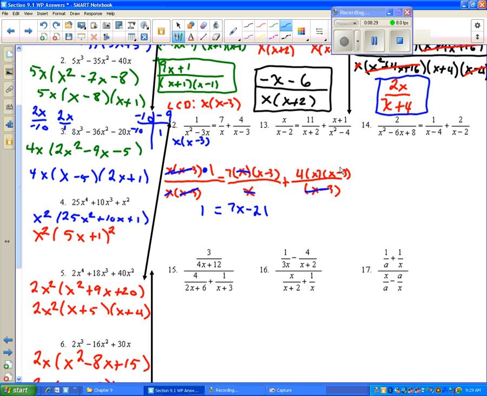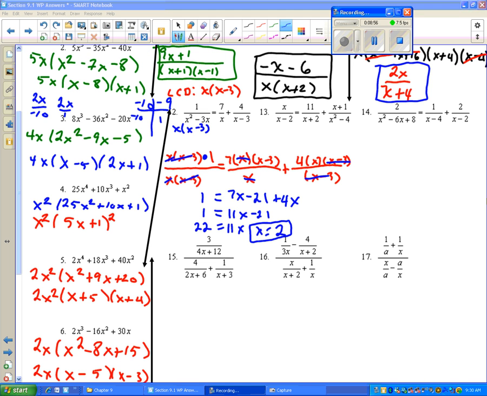Here my x minus 3's cancel. 4 times x is plus 4x. So 1 is equal to 11x minus 21. Add 21. 22 is equal to 11x. So x is equal to 2. If I plug that into my denominators, I do not get 0. So that should be my answer.